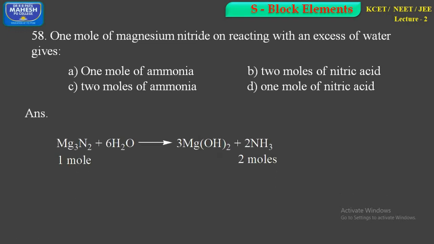Let's consider the reaction. When 1 mole of magnesium nitride reacts with 6 moles of water, we get 3 moles of magnesium hydroxide and 2 moles of ammonia vapors. So the right answer is option C, 2 moles of ammonia.